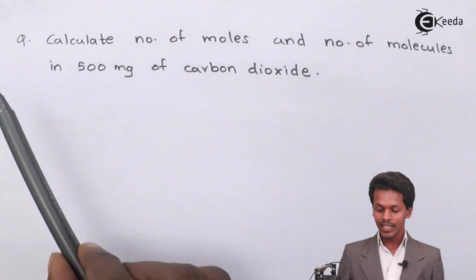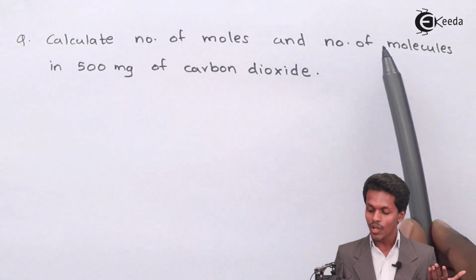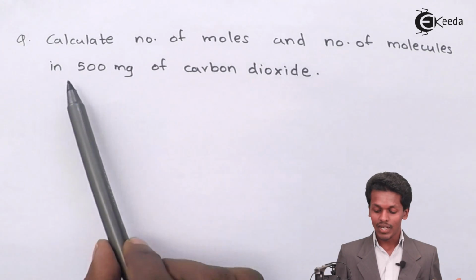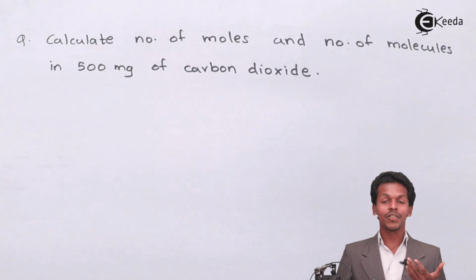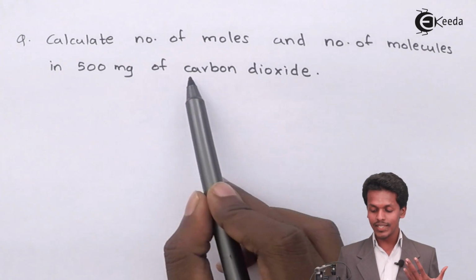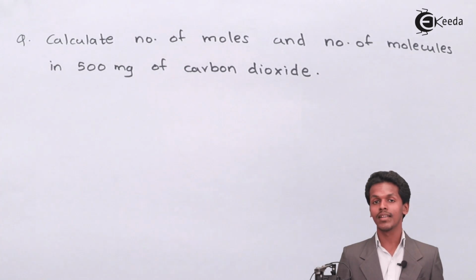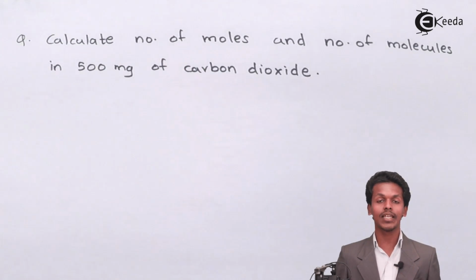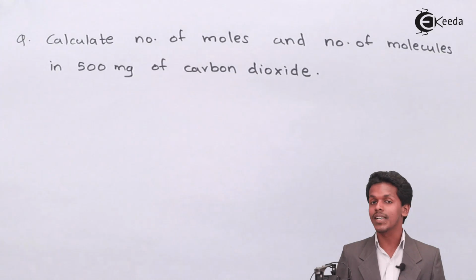The first thing is they have asked us to calculate the number of moles and the number of molecules present in 500 milligram of carbon dioxide. They have not mentioned it in molecular format, but we should be able to write the molecular formula of carbon dioxide.